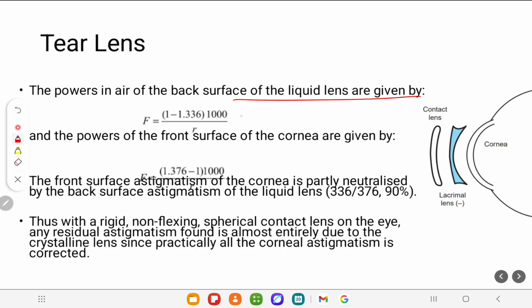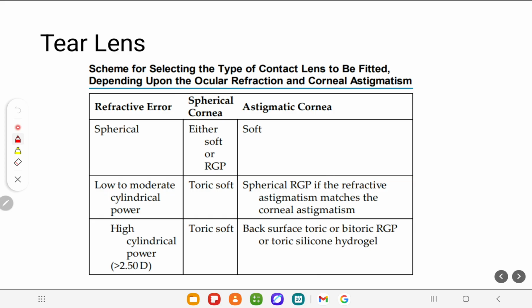If that's the case, then there is a very simple formula we can use to find out the power of the front surface and back surface of the tear lens. What the tear lens actually does is vanish the front surface corneal astigmatism by 90%.